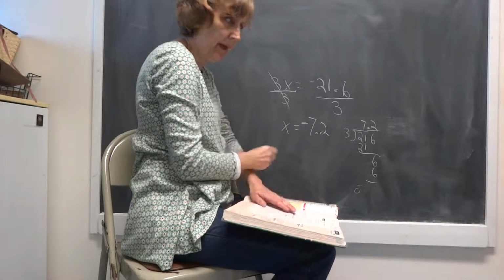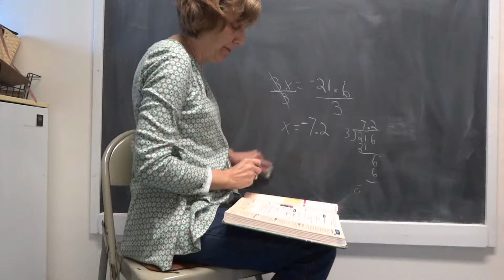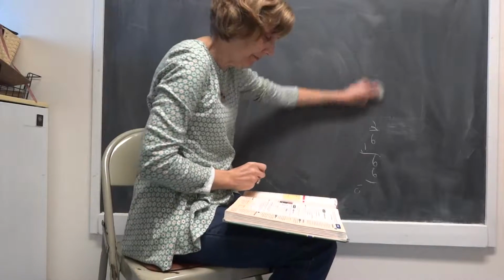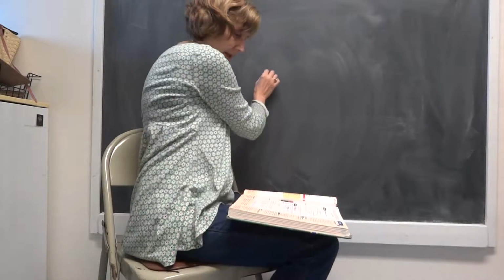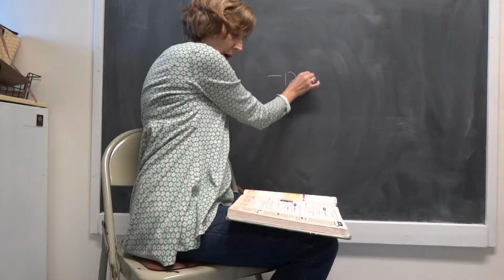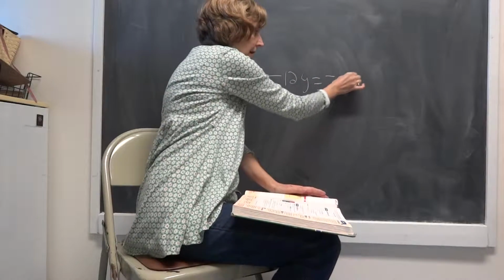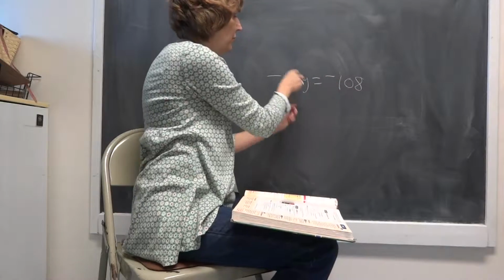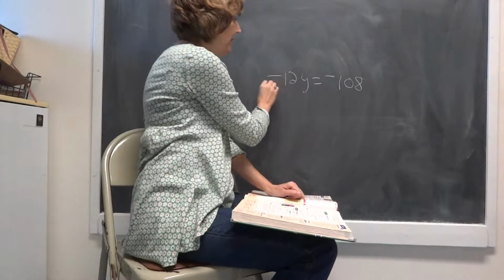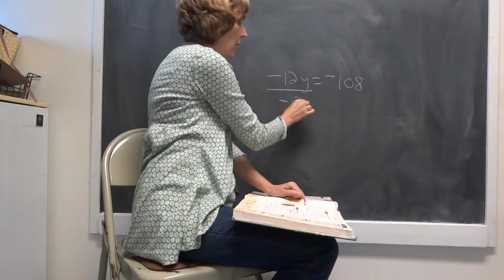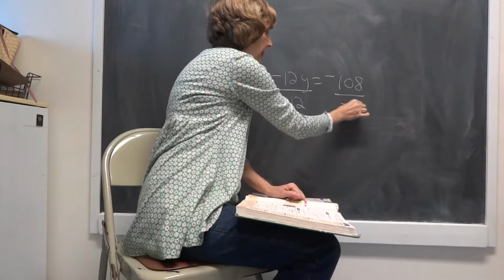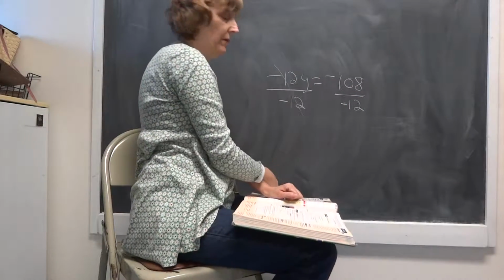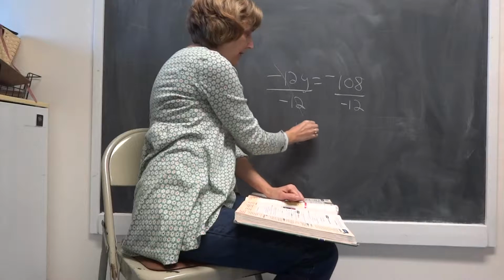Okay. Let's try 1B. It says negative 12y equals negative 108. What do you do to both sides? To get y by itself, we divide both sides by negative 12. The negative 12s cancel out, so we're left with y.